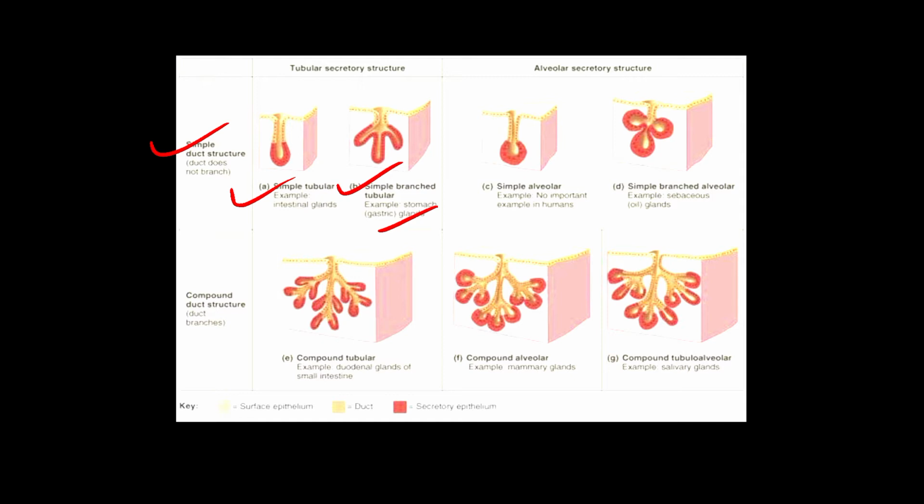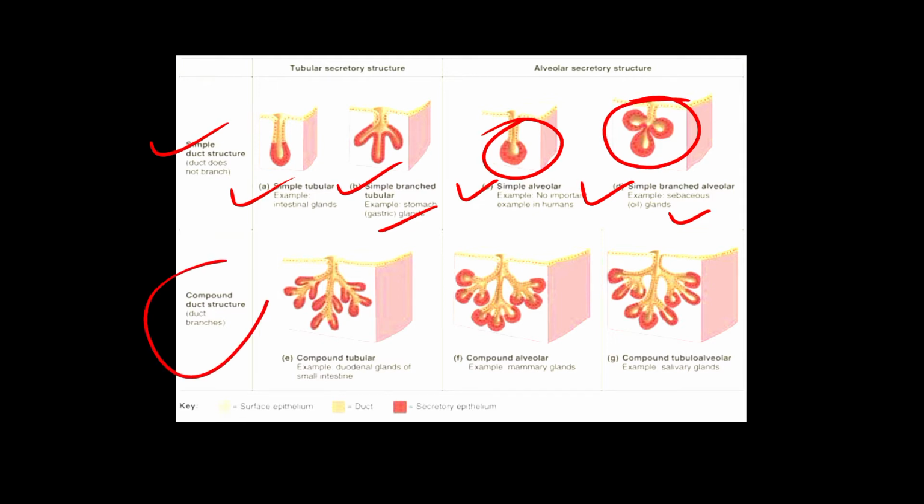After that, simple alveolar, so this is the simple alveolar; there are very few examples of it in the body. Then the simple branched alveolar is the sebaceous gland, or the secreting glands of the ear.